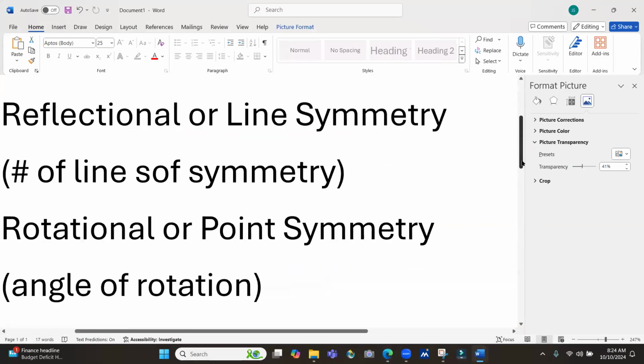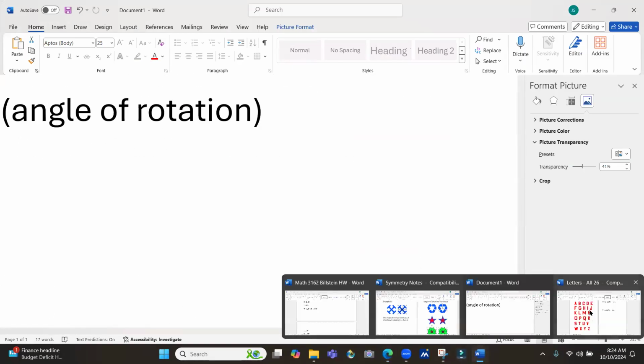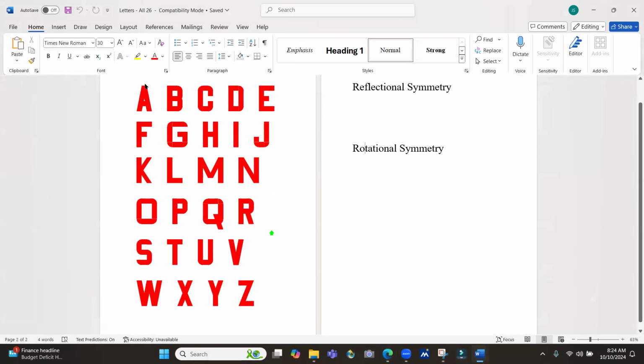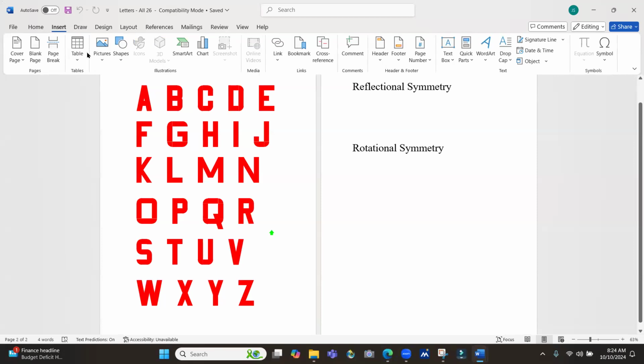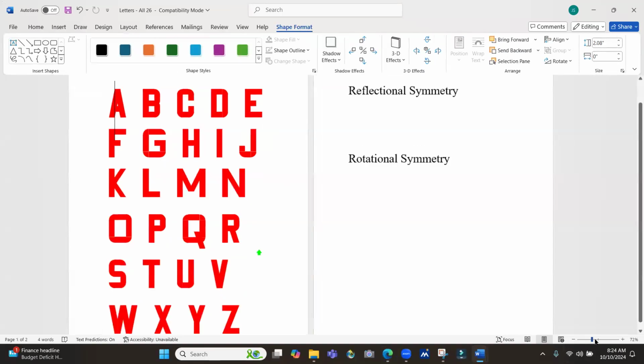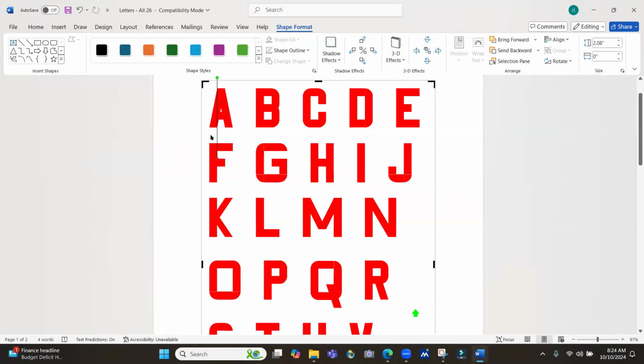So I would say A has reflectional symmetry. If you draw a vertical line, it will cut the letter A so that the left-hand side and the right-hand side are mirror image of each other.